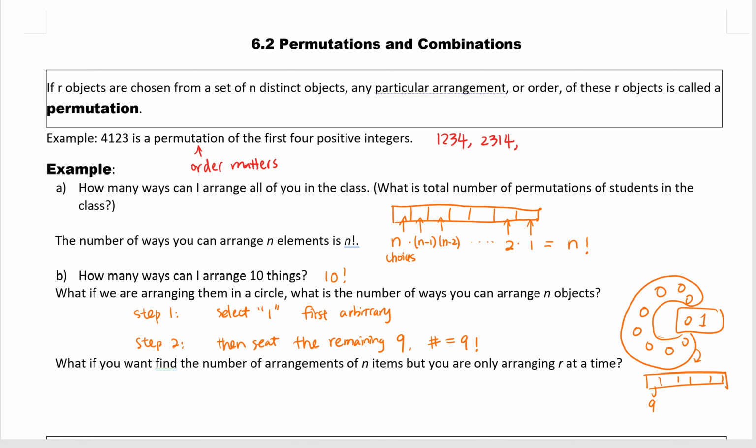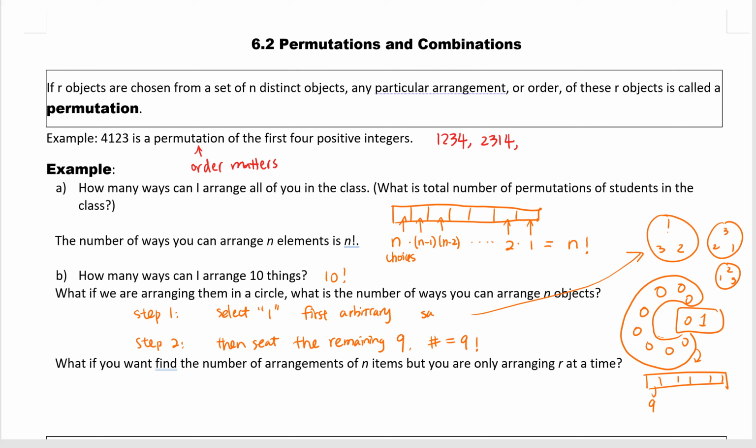Because in a circle, if we just pick 3 things, 1, 2, 3, this circle 1, 2, 3 and that circle 1, 2, 3 are the same thing. We count them as the same arrangement as a circle. So even though in step 1 we can have several pictures, we consider them the same arrangement.